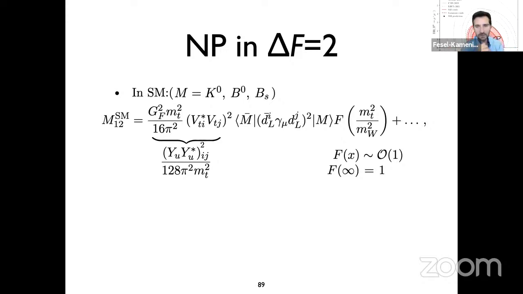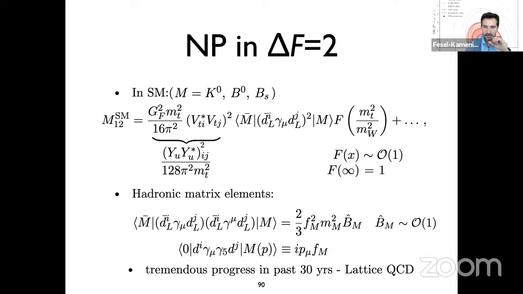The final piece that one needs, if one wants to compute this amplitude between mesonic states, not quarks, is the matrix element of this local operator between the B and Bbar mesonic states. This last piece of the calculation needs to be done non-perturbatively, as I said, for example using lattice QCD methods.